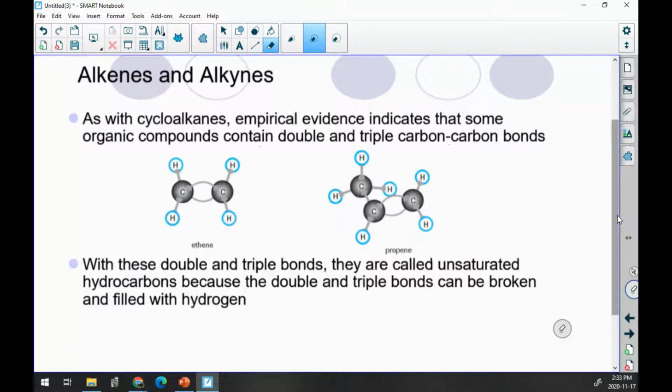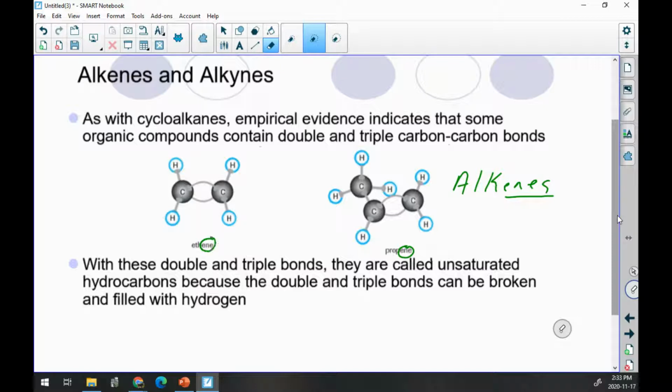Okay. So these are both alkenes. As I said, it's not a spoken language because you really have to emphasize the ANE or the ENE or the YNE. Notice what's the only difference in the name.